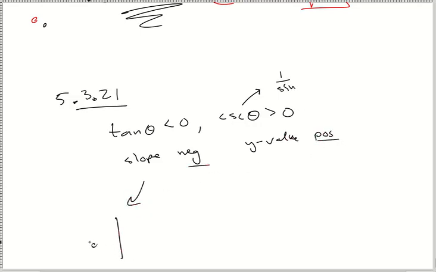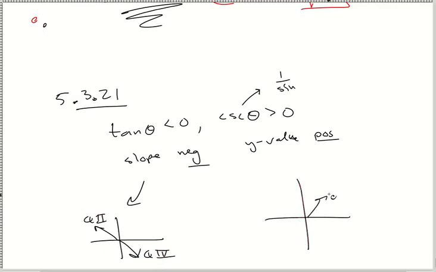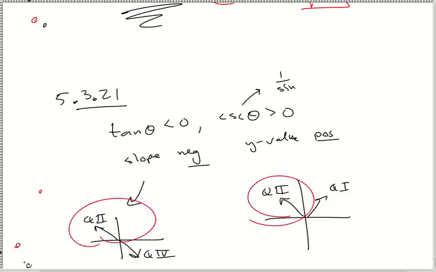Negative slope is in quadrant 2 and quadrant 4. My y values are positive in quadrant 1 and quadrant 2. Where they overlap, there you go.